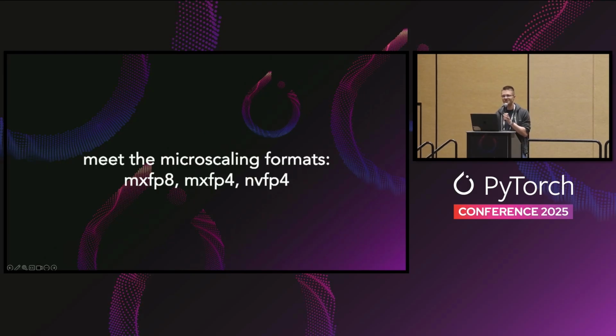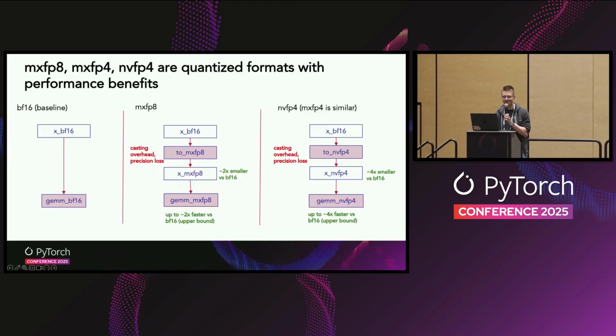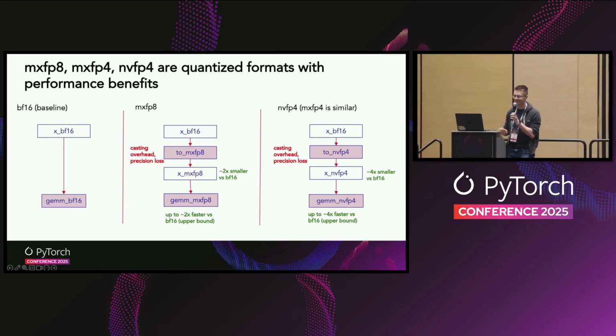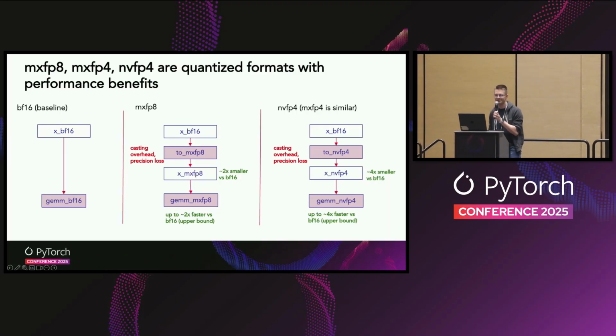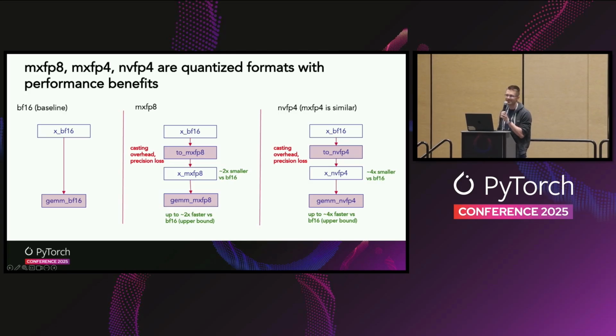So first, I just have 2 slides explaining what these new formats are and why you might want to use them. The first slide is very high level. On the left, you see a bfloat16 gem. You have a tensor, and you want to put it through a gem. Why might you use these formats?